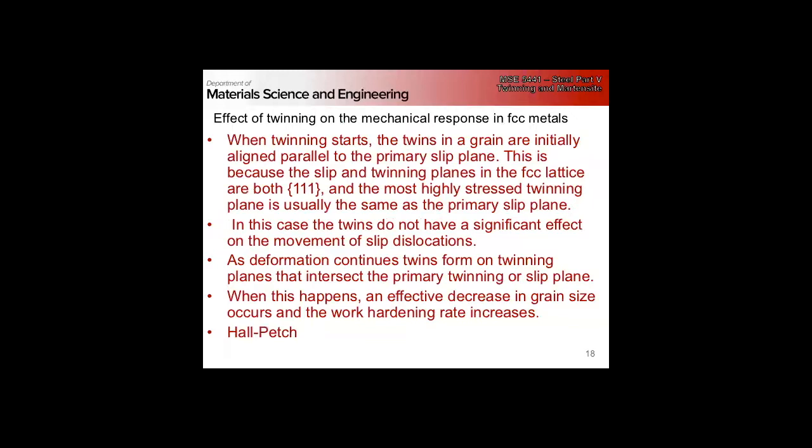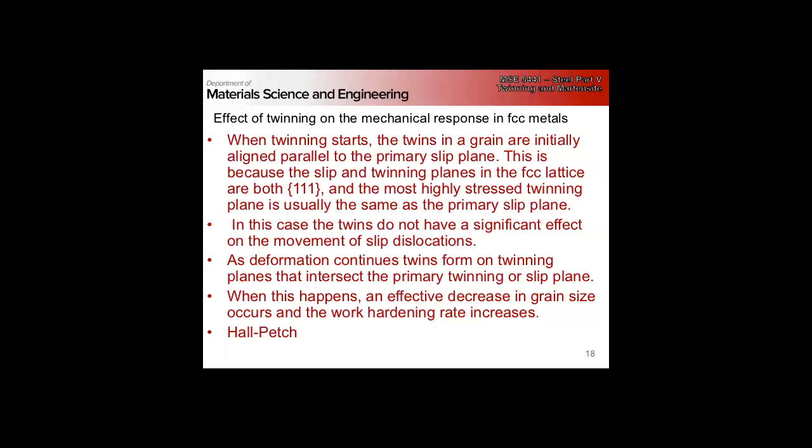Now we activate twinning. And in FCC, the slip plane and the twinning plane are both 1-1-1. So that means we're activating twins that are parallel to the slip direction, right? So is that going to add any significant impediment to dislocation motion?